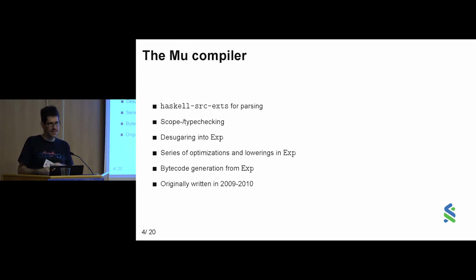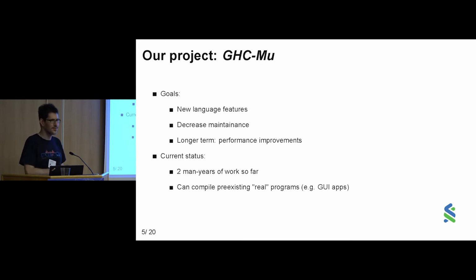And we would like to update it. We would like to migrate to something that will be easier to maintain than the full stack ourselves. So the project that we have started is to use GHC as the front end, and then hopefully get lots of language features for free, hopefully decrease the maintenance cost, and hopefully get performance improvements out of it as well.